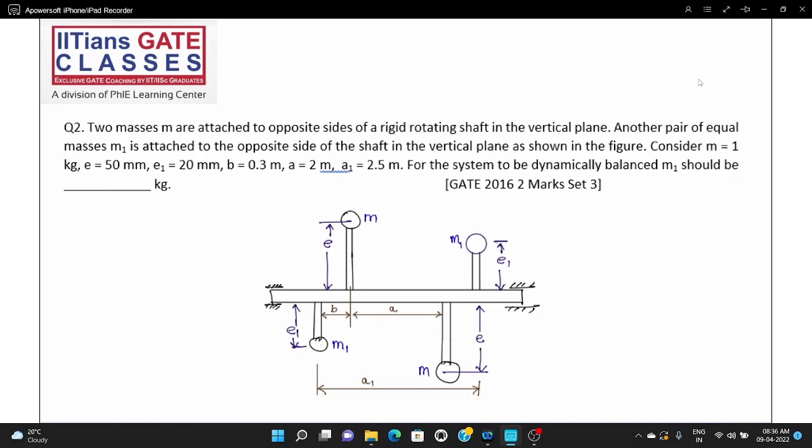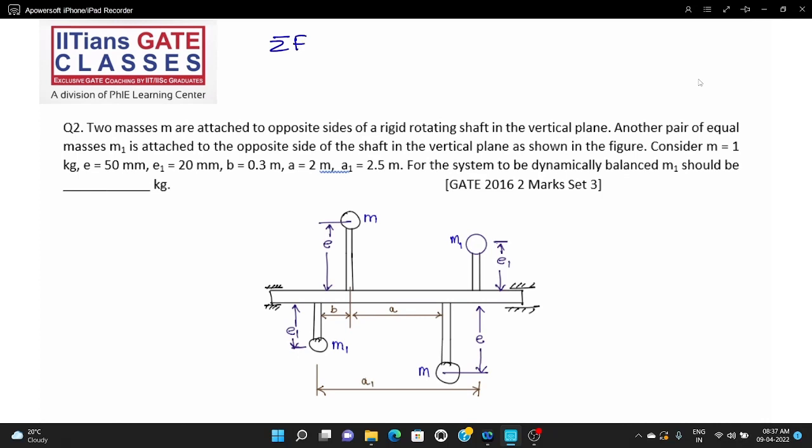Let us see. The first thing that you have to see is that summation of forces should be equal to 0. This is very simple to verify here, because you see there is a centrifugal force, and the masses are attached to the opposite side.